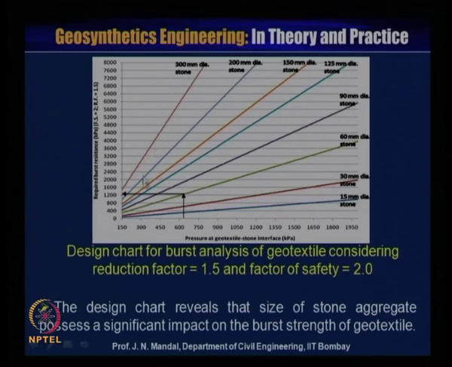So, this design chart reveals that the size of the stone aggregate has a significant impact on the burst strength of the geotextile. If you know the pressure at the geotextile stone interface, and you know the diameter of the aggregates, then you can calculate the required burst strength.